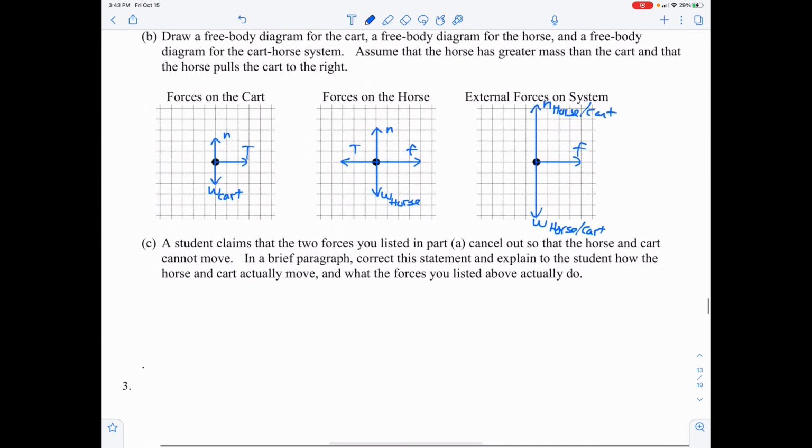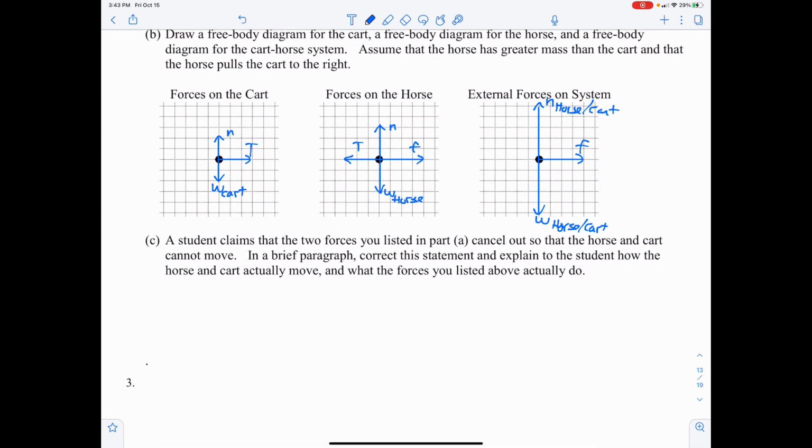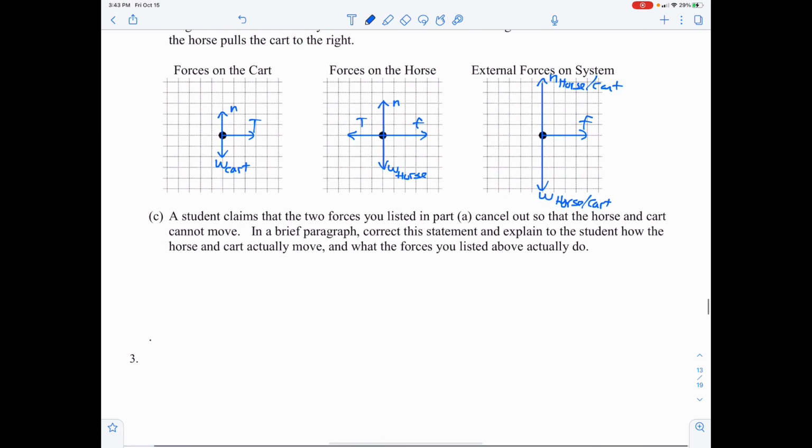Part C. A student claims that the 2 forces you listed in Part A cancel out so that the horse and cart cannot move. In a brief paragraph, correct the statement and explain to the student how the horse and the cart actually move and what the forces you listed above actually do.